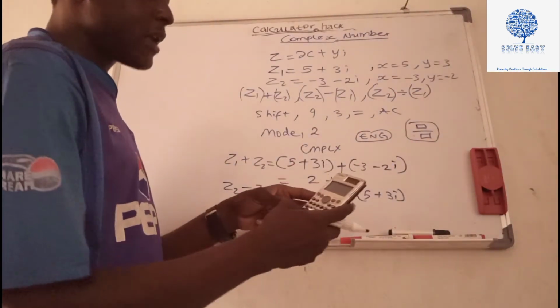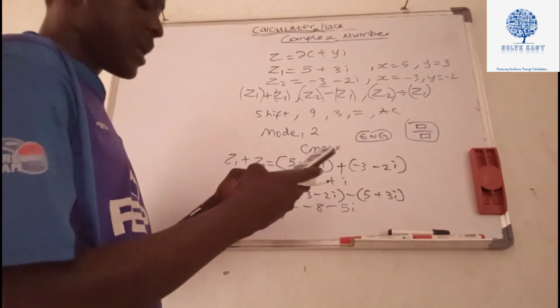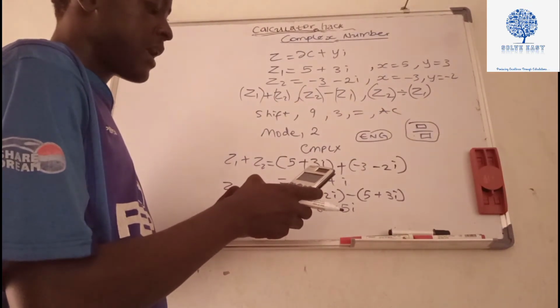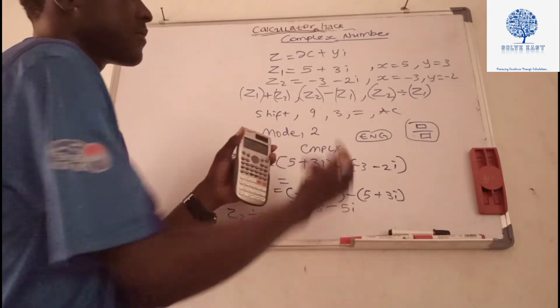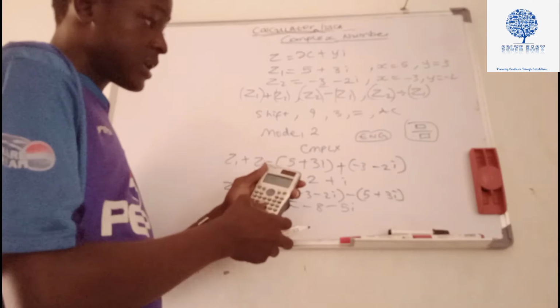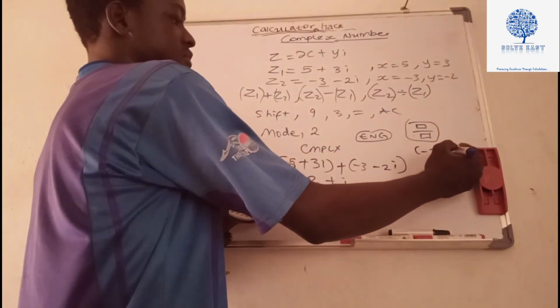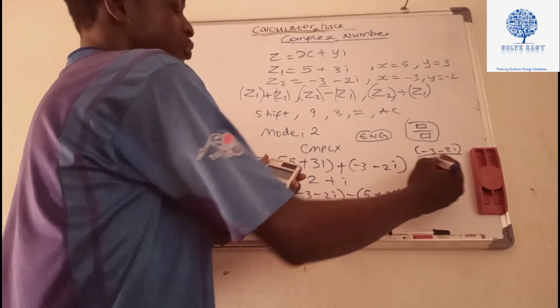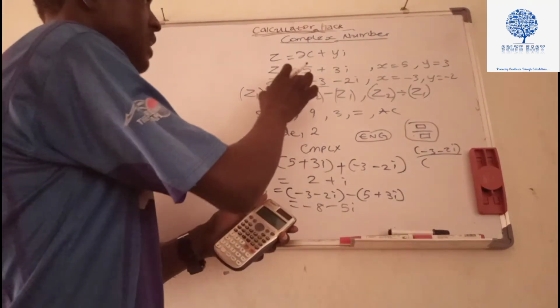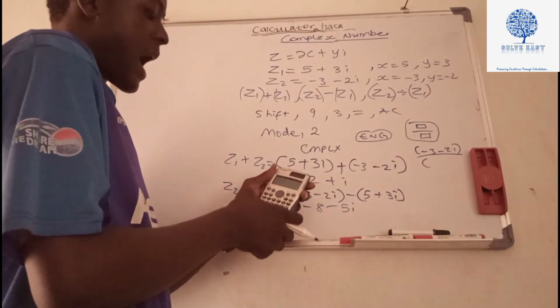screen. Now at the top we open our brackets and see our z2 which is minus 3 minus 2i. Then close the bracket, go underneath and open your other bracket. You should have minus 3 minus 2i divided by, open your other bracket and write your z1 which is 5 plus 3i.